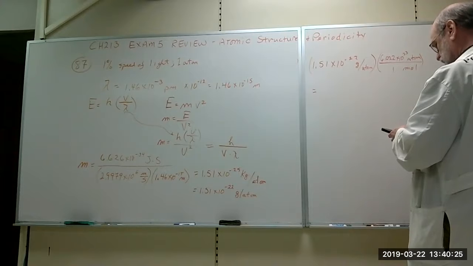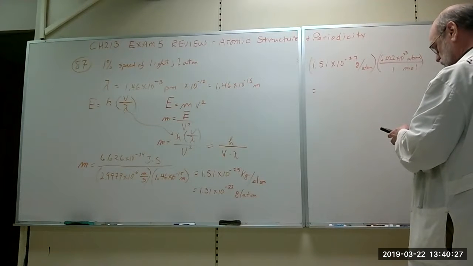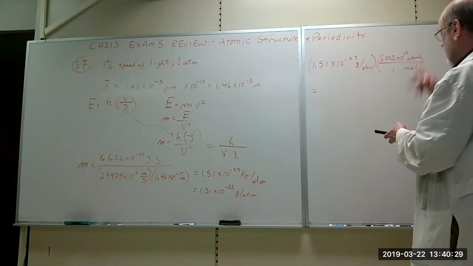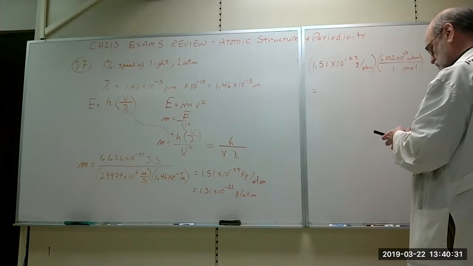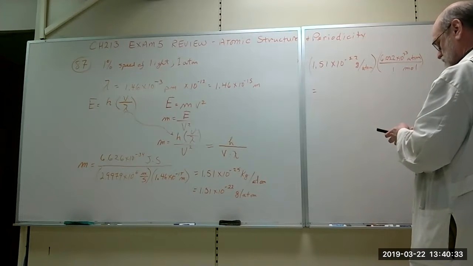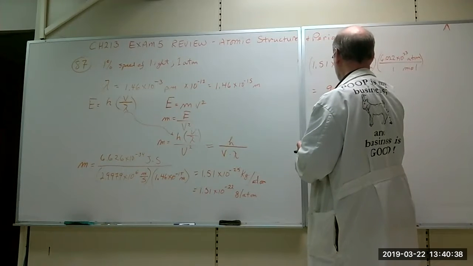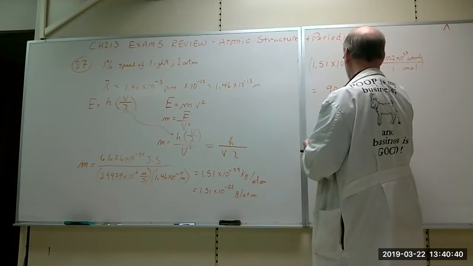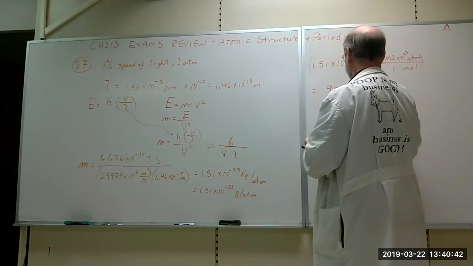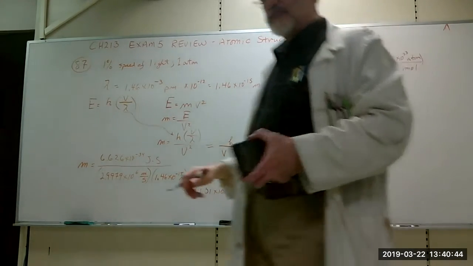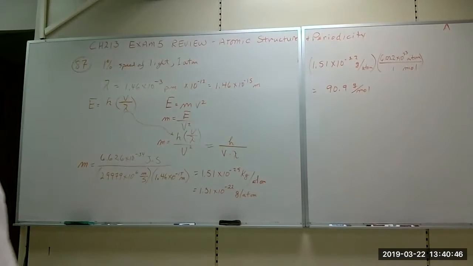So 1.51 exponent times Avogadro's number. And that's 90.9. 90.9 grams per mole. Okay, so we just go over to the periodic table, find what's closest to 90.9. 83.